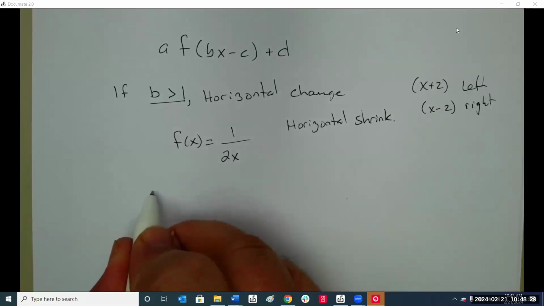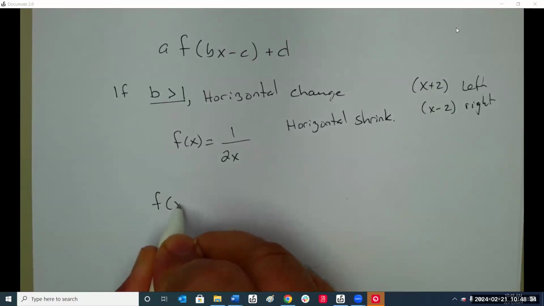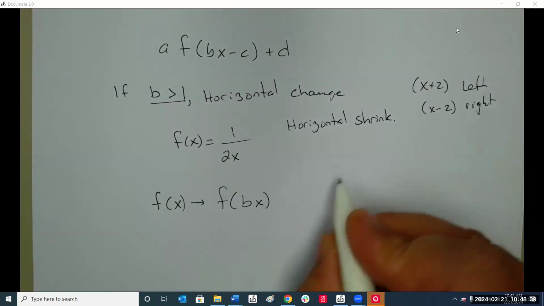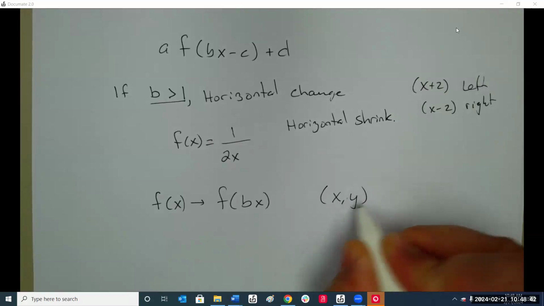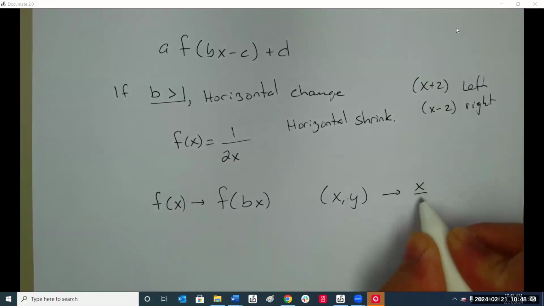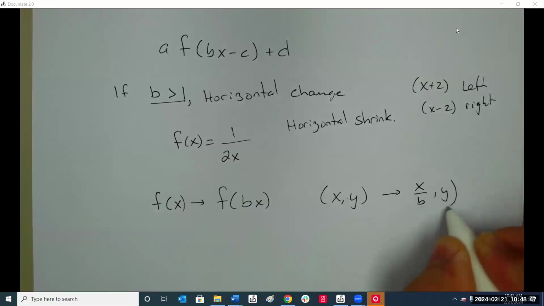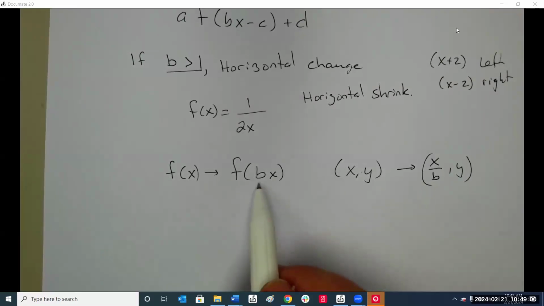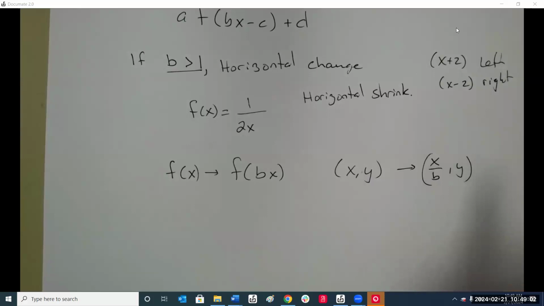Which means our function changes like this. If our function changes, then our x and y values, that's what changes. Because it's the opposite of what happens inside. Instead of multiplying the values of x to get a bigger x, we divide the x because it shrinks it.